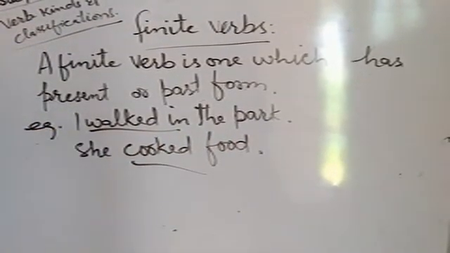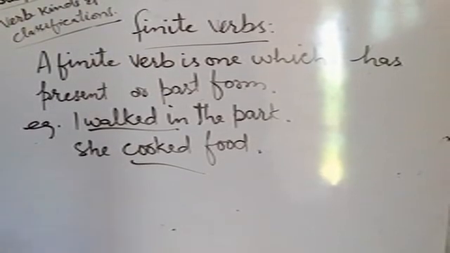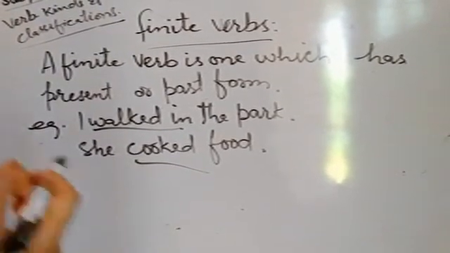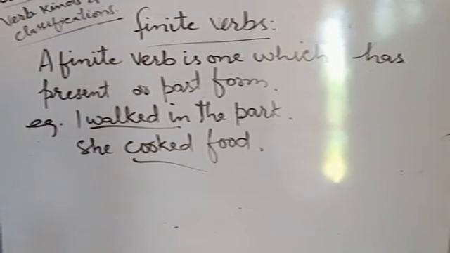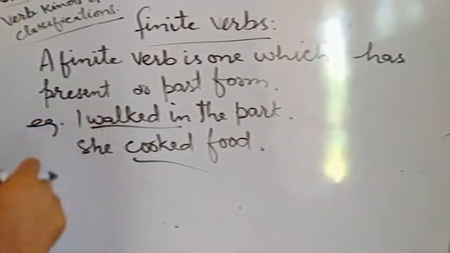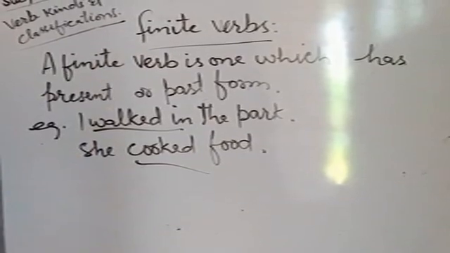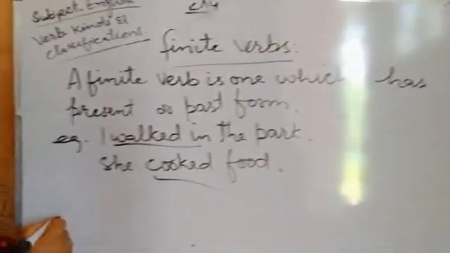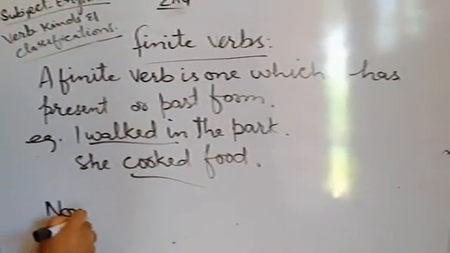Walked here is a finite verb. Cooked or cooks: a finite verb means one which has present form or past form. So we classify verbs in two different ways: finite verb and non-finite verb.